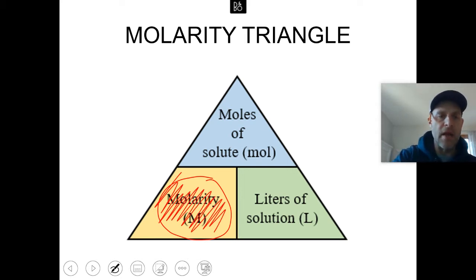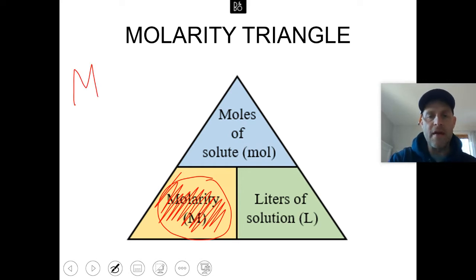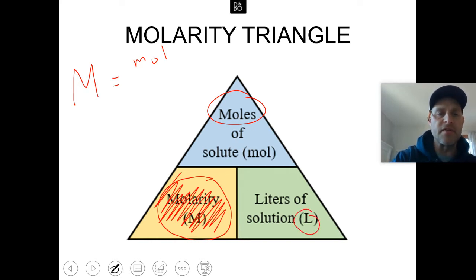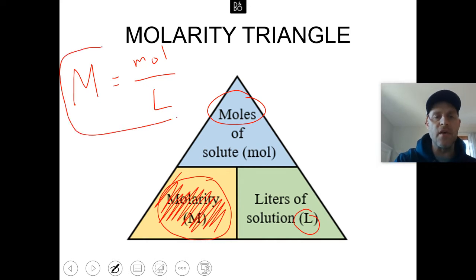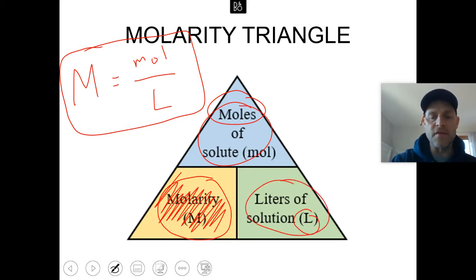Molarity is capital M. If I'm trying to solve for molarity, what do I have left? I have moles of solute, and below it, liters of solution. So to solve for molarity, I take moles of solute over liters of solution.